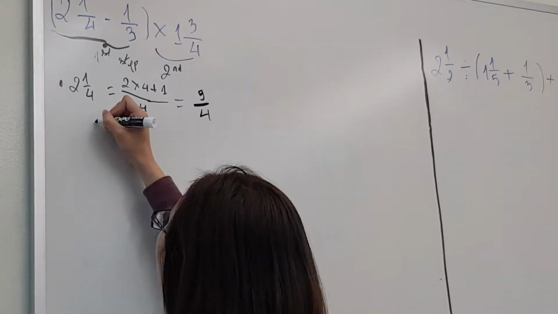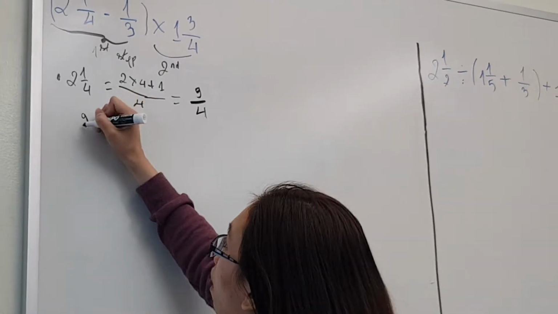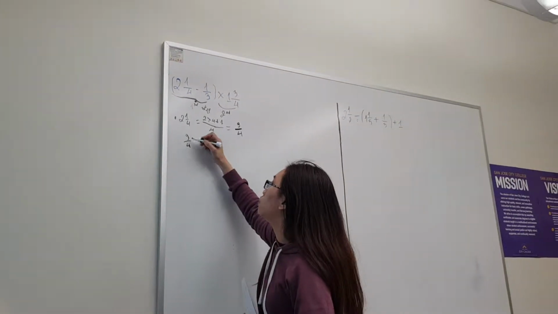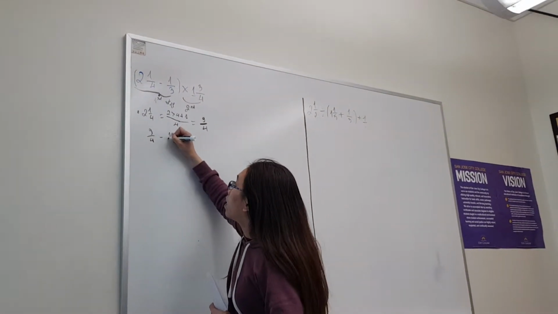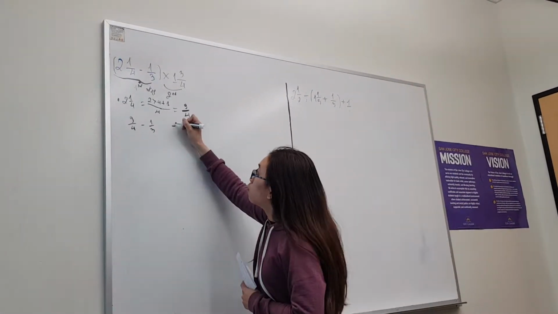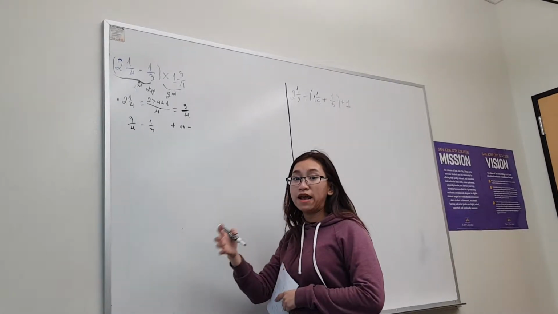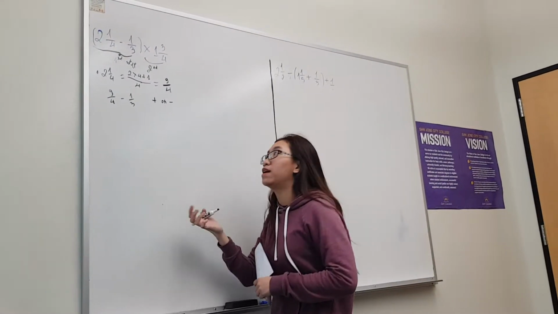Now, when you have 9 over 4, you do 9 over 4 minus 1 over 3. When you see the minus or the add, you need to find the LCD. LCD means the least common denominator.